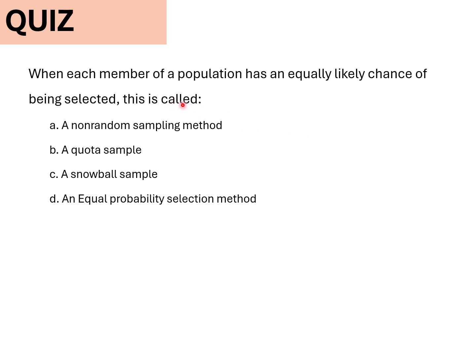When each member of a population has an equally likely chance of being selected, this is called a non-random sampling method, a quota sample, a snowball sample, or an equal probability selection method? The answer is an equal probability selection method.